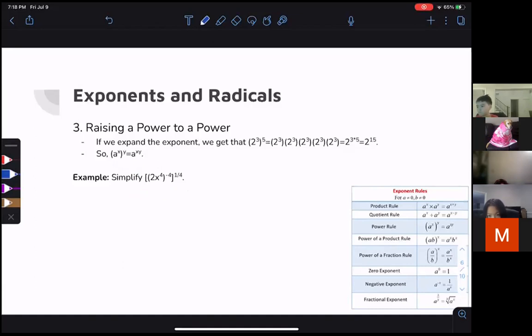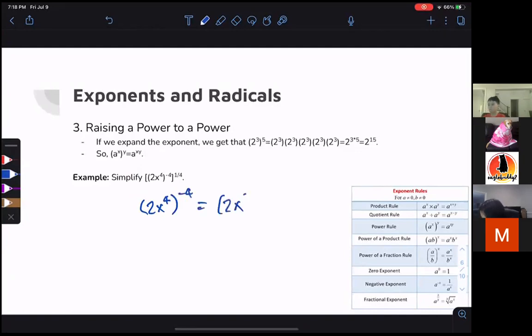That wasn't that easy to hear, but I think she meant 2x to the fourth, to the negative 4, is equal to 2 to the negative 4 times x to the negative 16, right?